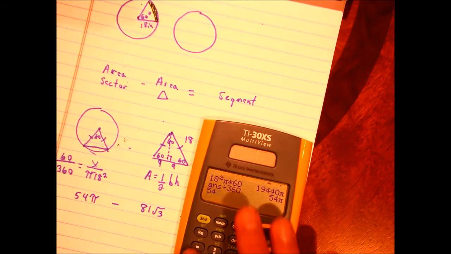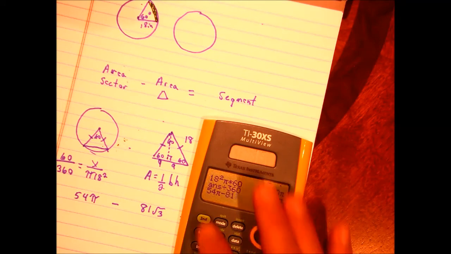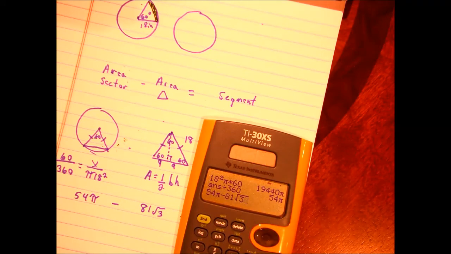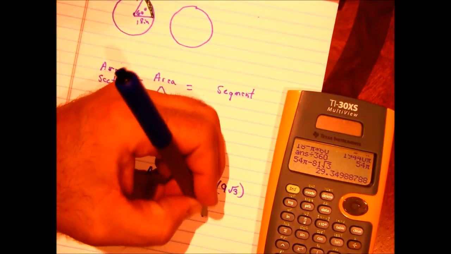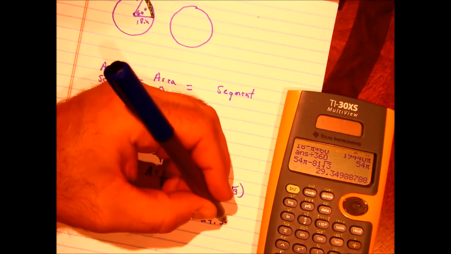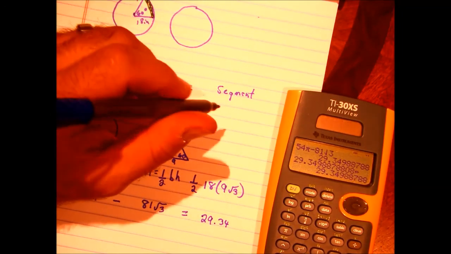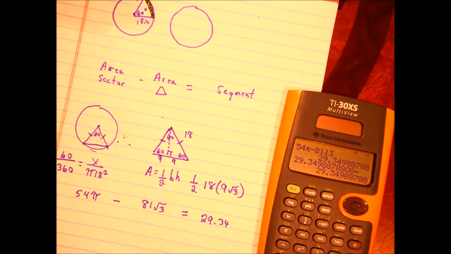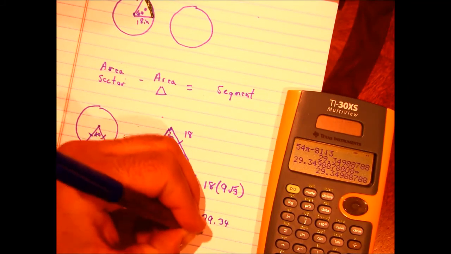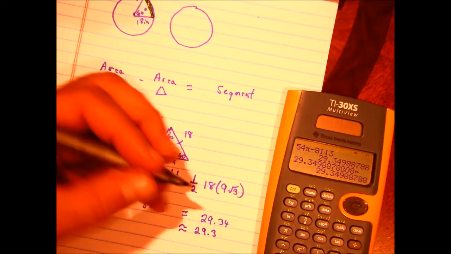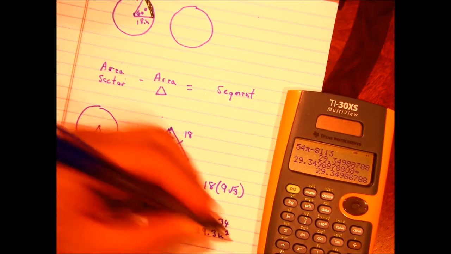So 54 pi minus 81 square root of 3, and you get 29.34. In this case, it would be approximately 29.3 units squared.